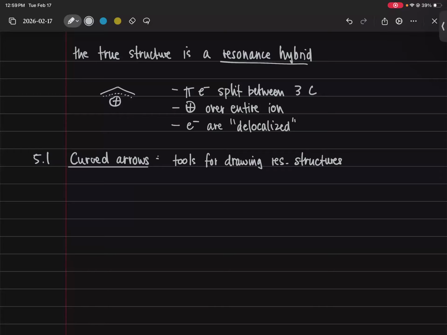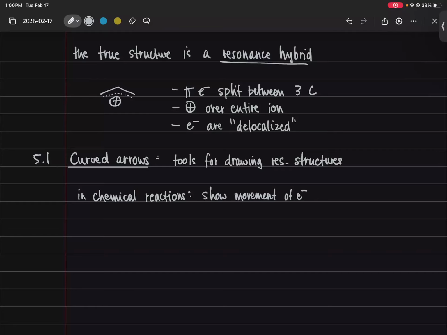As I said, we're going to keep using these and keep using these. So they really have two different applications. The first is in chemical reactions, which is really the main use, but not the one that we'll talk about immediately. In chemical reactions, these curved arrows are going to show the movement of electrons.